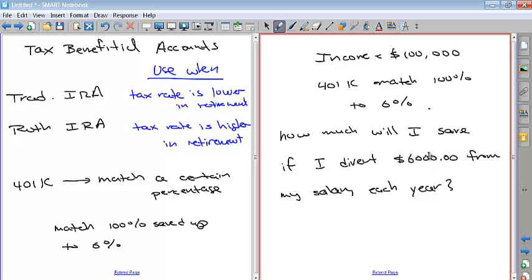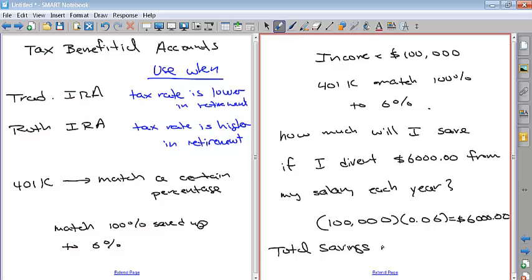So you're going to save at least $6,000. But if you look at the salary, 6% of $100,000 is 100,000 times 0.06, which is $6,000. So you'll put 6,000 in. The company will put in 6,000. So that means you'll have a total savings of $12,000, the sum of the two.